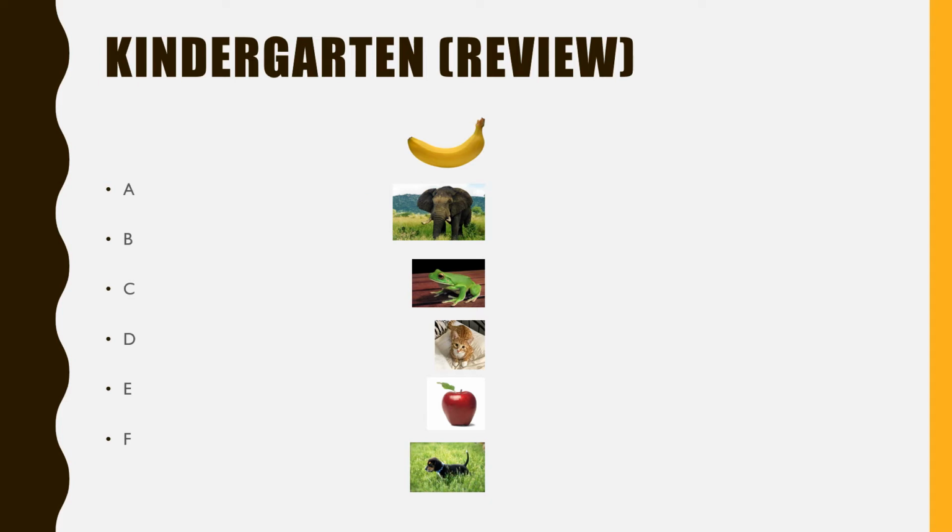And I'll give you some time to go through and match every single one of them. And I'll even throw in a little cheat sheet here. Voila. Okay, so banana, we can see the word right here.